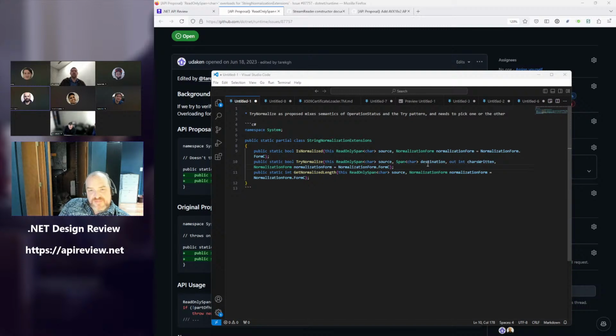So I'm just asking, are we okay with using default parameters here instead of providing two overloads? Using default parameters in this case is preferred, yes. Okay, I just wanted to confirm that. Yeah, this sounds good to me.